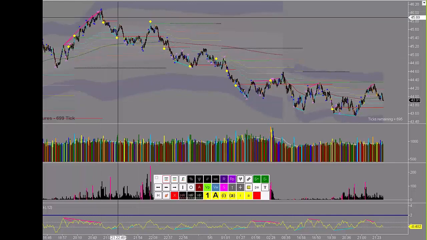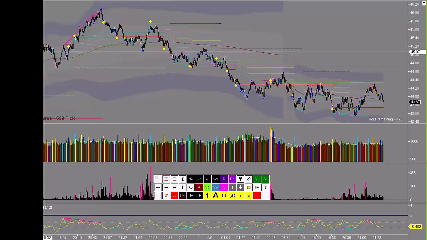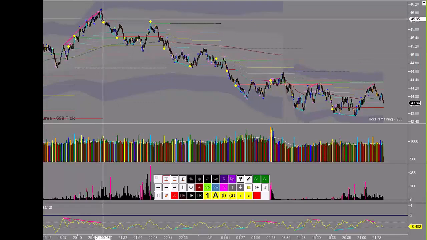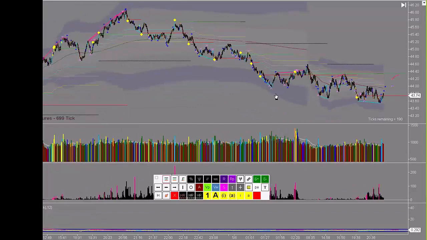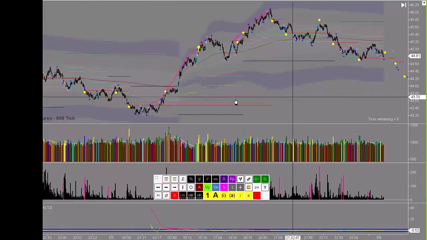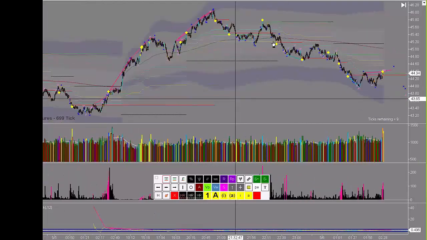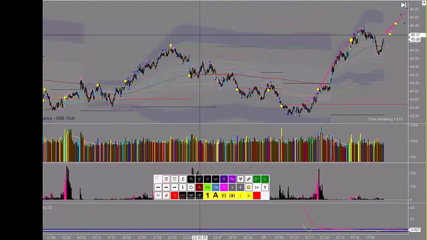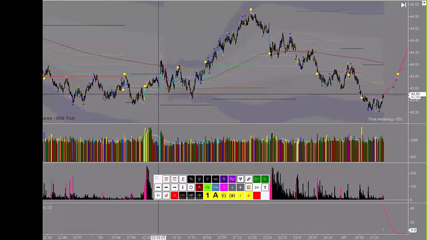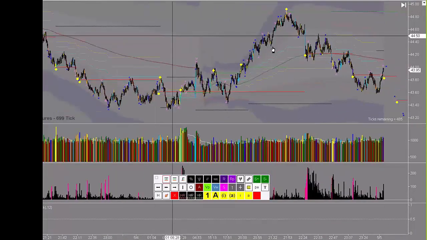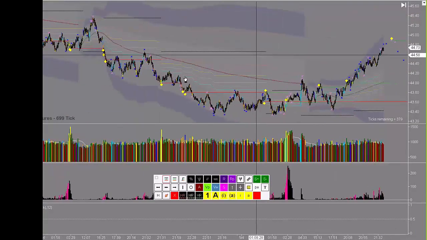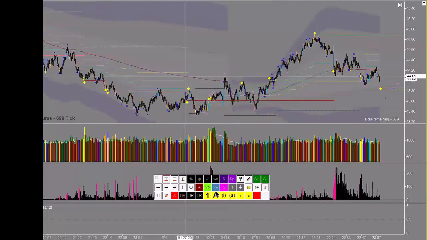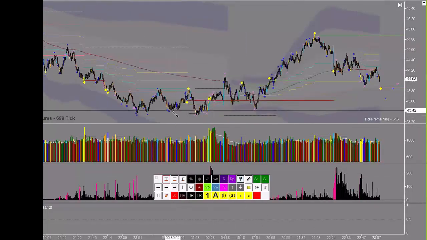But the A point doesn't necessarily have to be the highest point on the chart. So for example, I could draw in, that's not a good example there. Let's see if I can find a better example, where it's not the lowest point. It's not a great example, but say I was drawing in from there to there.